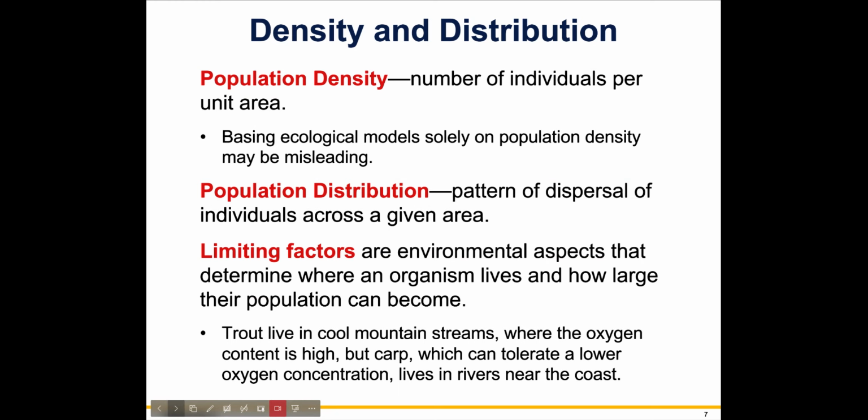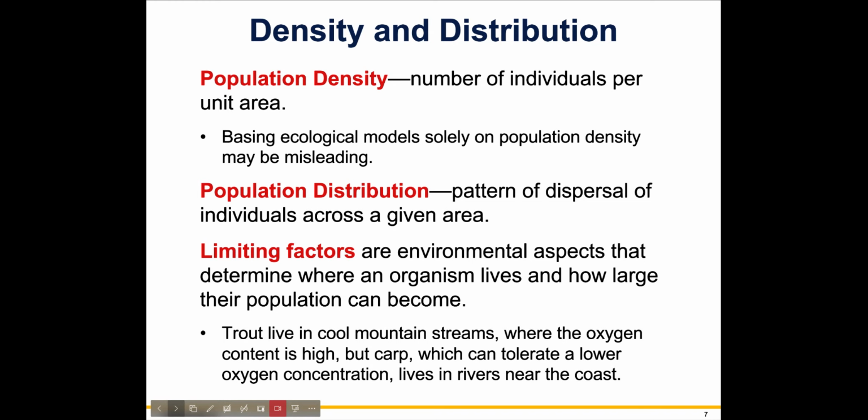Limiting factors are any aspect in the environment that will determine where an organism lives or how big their population can become. For example, we may have trout, a type of fish, that live in a cold mountain stream. There's a lot of oxygen, the water is moving swiftly, and they love to live there.